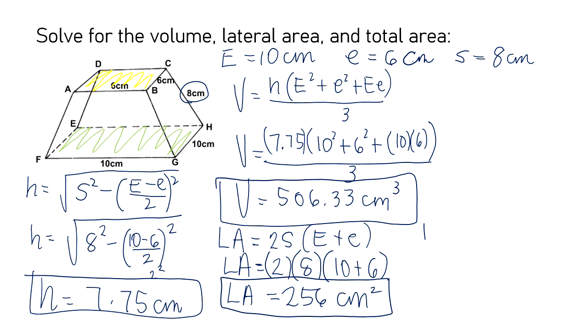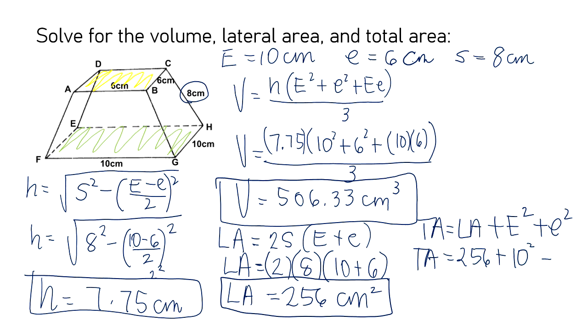And for our total area, we have lateral area plus square of the bigger edge plus square of the smaller edge. So we have 256 plus 10 squared plus 6 squared. So here we get 392 centimeters squared.